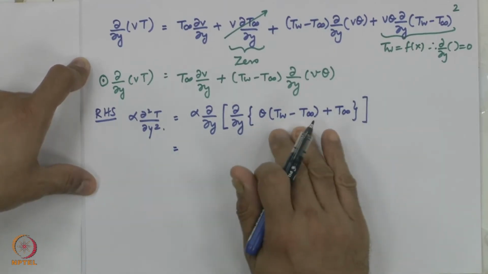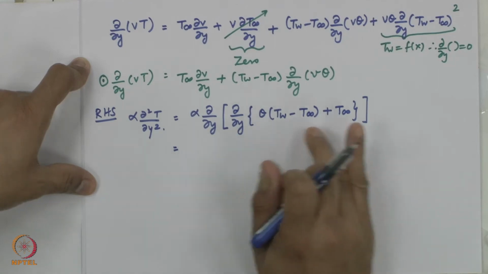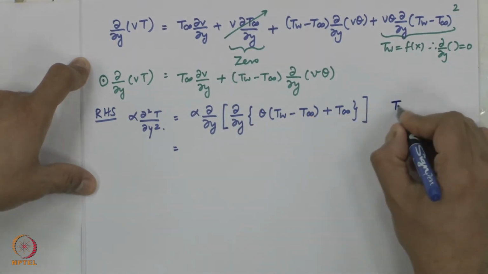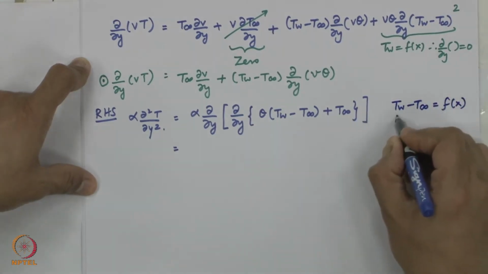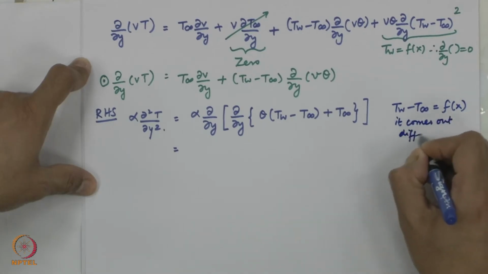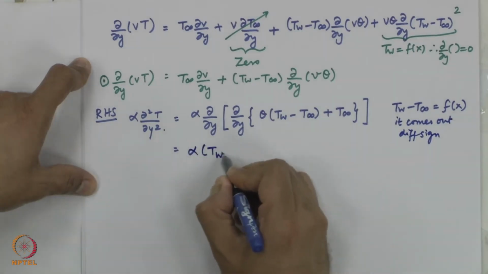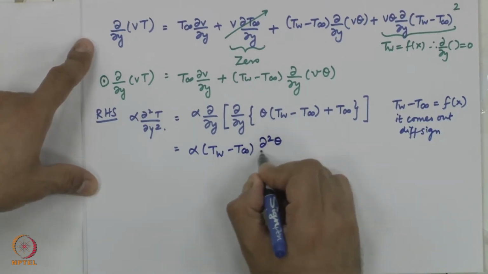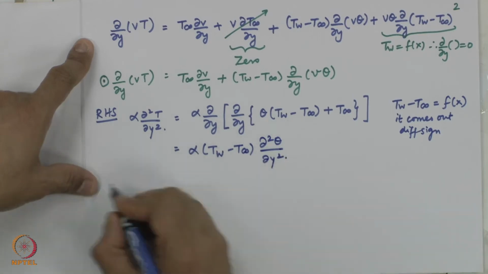I have two terms here. So, d by dy of theta times T wall minus T infinity. T wall minus T infinity is a constant with respect to y, only a function of x, so it can come out of the differential sign, and therefore, I would get alpha T wall minus T infinity d squared theta by dy squared. This is my right hand side first term.